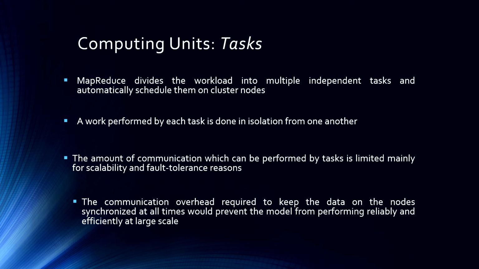But if we use Hadoop or any fault tolerant system where there are multiple copies of data, redundant data being stored on multiple machines in different nodes, we have this kind of scalability as well, which can help us do processing on commodity hardware, not requiring any supercomputers but giving us the power of supercomputer processing. So these are done for scalability and fault tolerance reasons specifically. The communication overhead required to keep the data on the nodes synchronized at all times would prevent the model from performing reliably and efficiently at large scale.